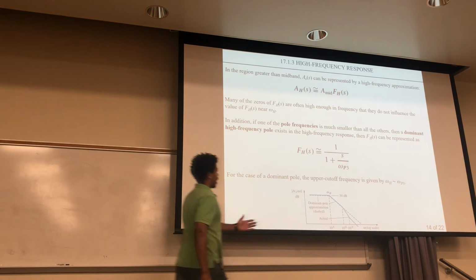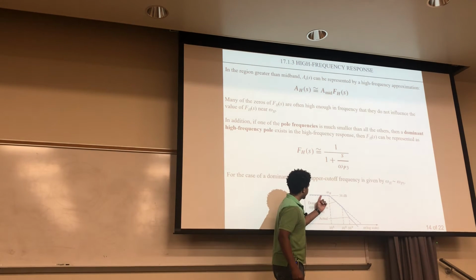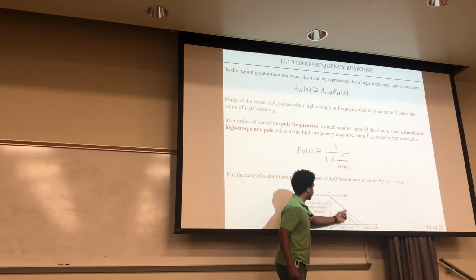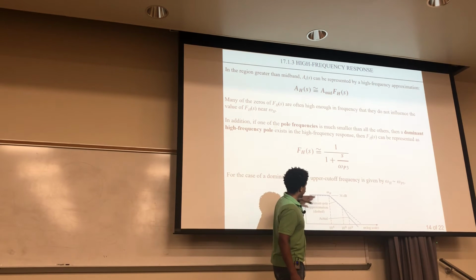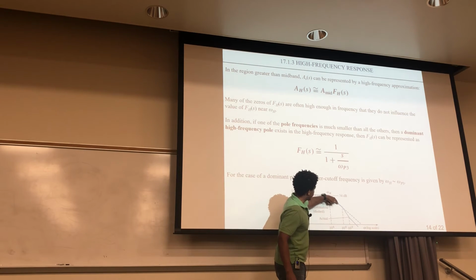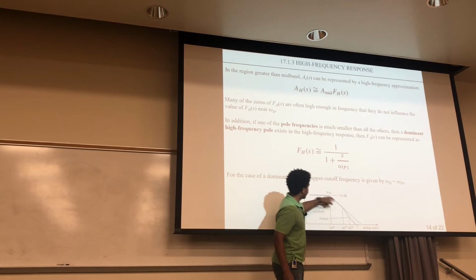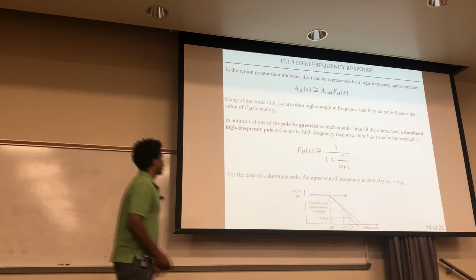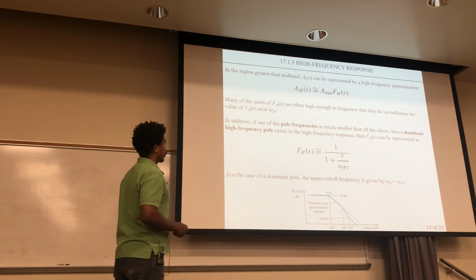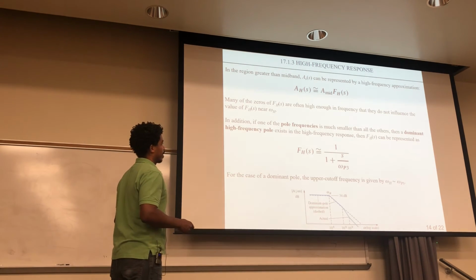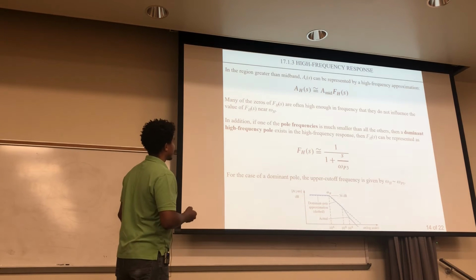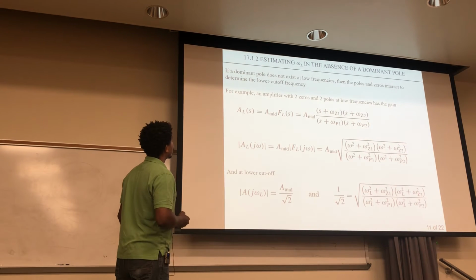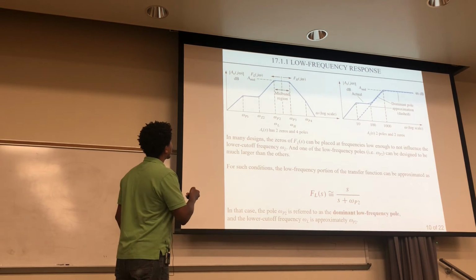And so you could think of it like this. This dashed line right here is your FH, and the solid line is the actual, right? But you could approximate your actual by just using that, and that looks like that. So for cases of dominant pole, the upper cutoff frequency is given by this, where omega H equals omega P3. So in that case, let's go back to our other plot. We're talking about right here.